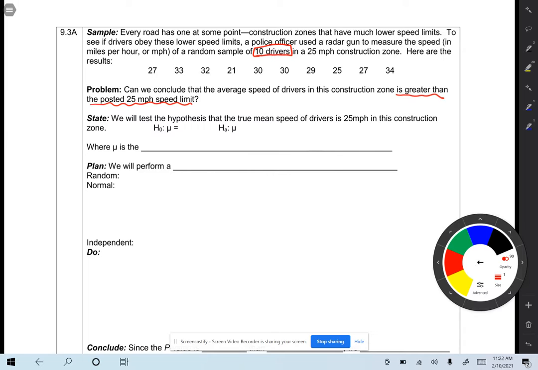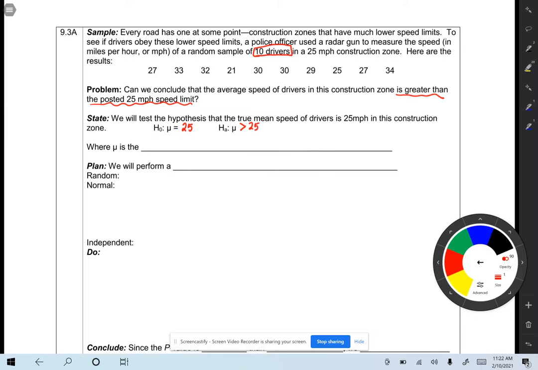So in the state portion, we will test the hypothesis that the true mean speed of drivers is 25 miles per hour in this construction zone, where the null hypothesis is 25, the no difference, and the alternative is the mean is greater than 25. So notice the notation, you're no longer using p, you're using mu. On a test, don't take time trying to find the symbol for mean, just write mu and that will suffice.